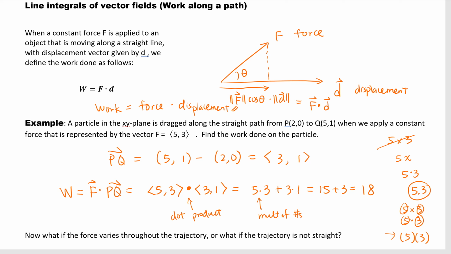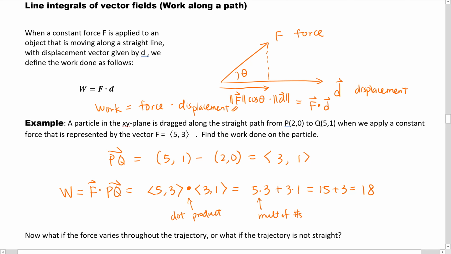But it takes a lot of parentheses sometimes. So just some notation. I use the little dot for multiplication of numbers, and the bigger dot for dot products. So far, so good, everybody?